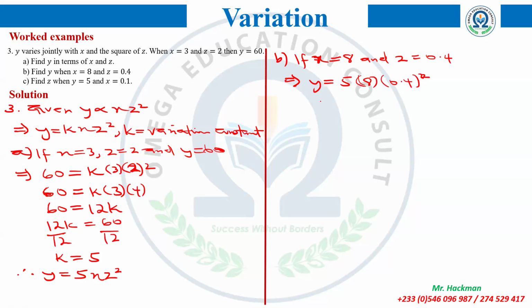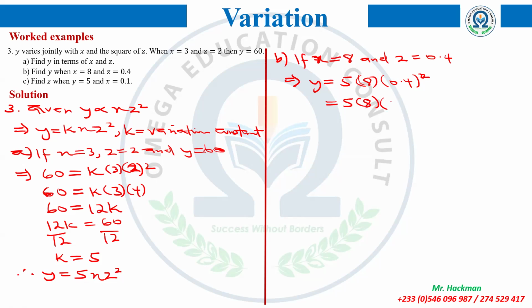First of all, deal with the power. So let's go and work on the power. 0.4 squared gives 0.16.